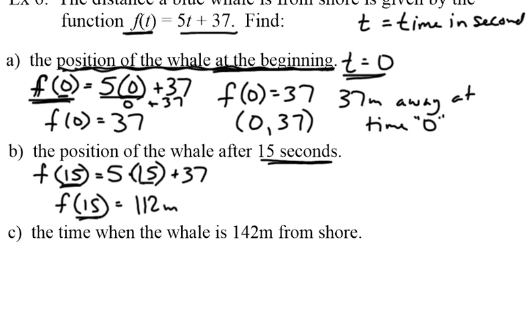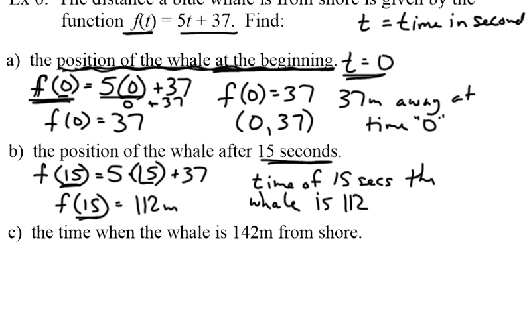So what is this telling us? That at a time of 15 seconds, the whale is 112 meters away. The function is a way of writing so we can identify the information.